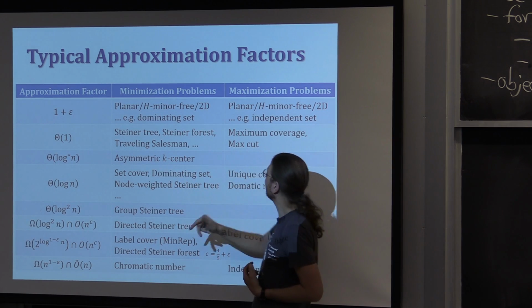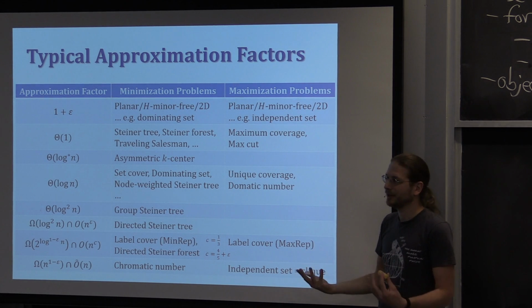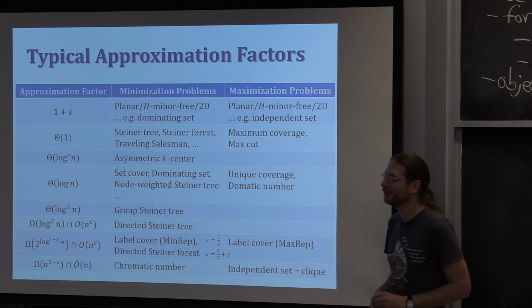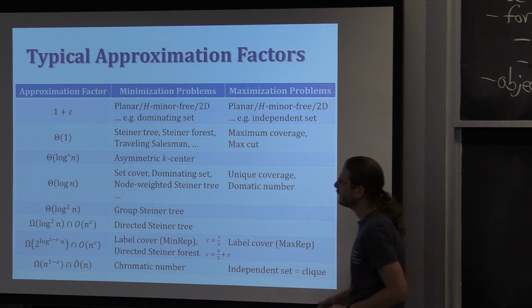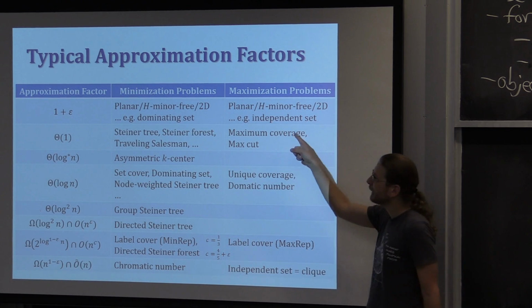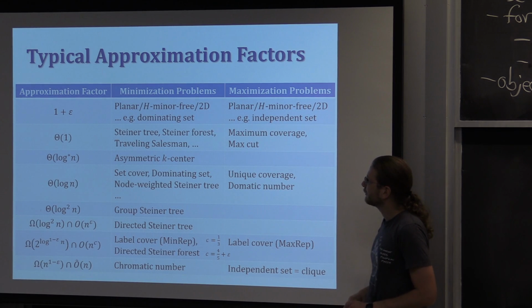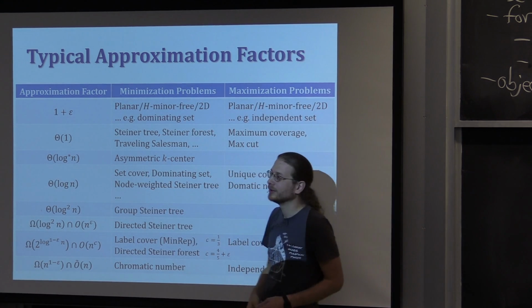Here, I'm giving k sets, and I want to know, can I hit at least j of the elements? So you think this is a generalization from a decision standpoint, but it's actually easier to approximate because the objective is different. Here we have to hit every element. Here it's okay if we miss some of the elements, because we only need a constant factor approximation. And we can get a constant factor here, whereas the best we can do is log n there.